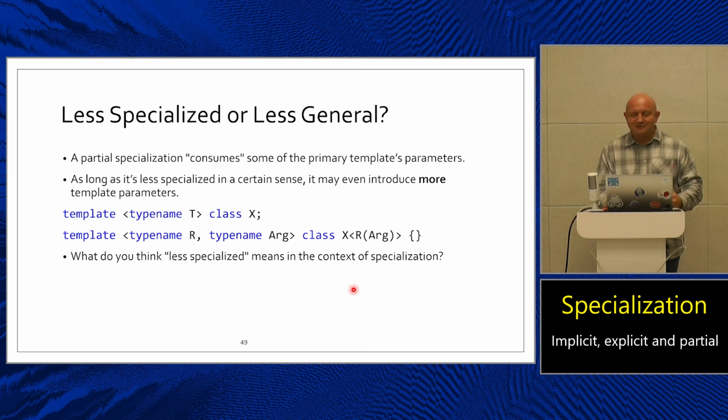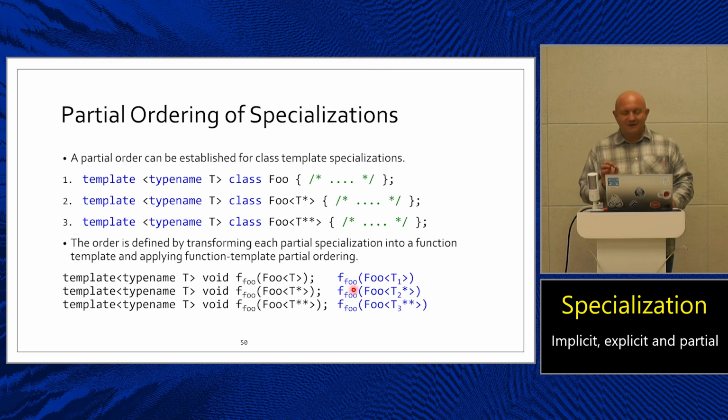Please think about it. We can establish a partial order for class template specializations with a brilliant trick. We pour the water out of the kettle and reduce the problem to a previous one we've already solved. We invent function templates. For each class template specialization, we create a corresponding function template that takes this invented type as its parameter.